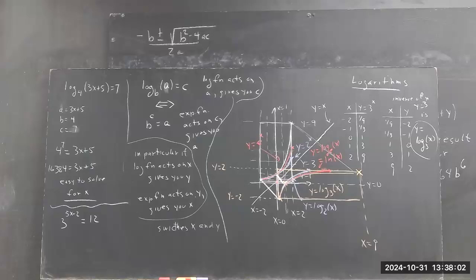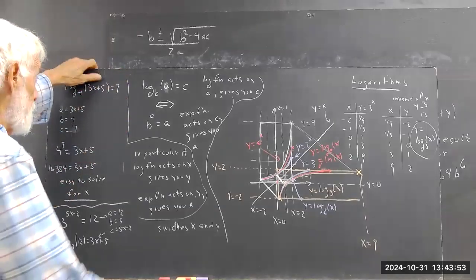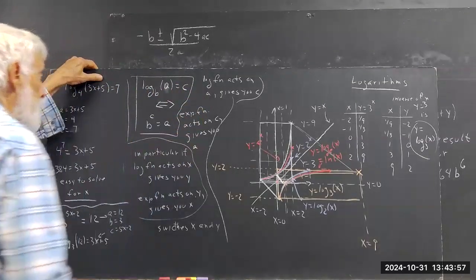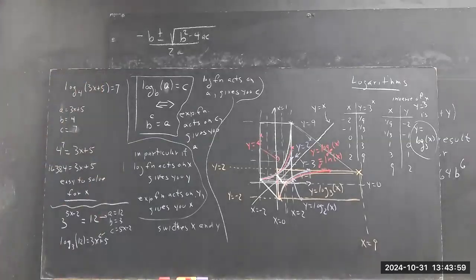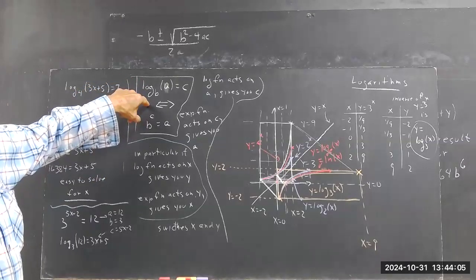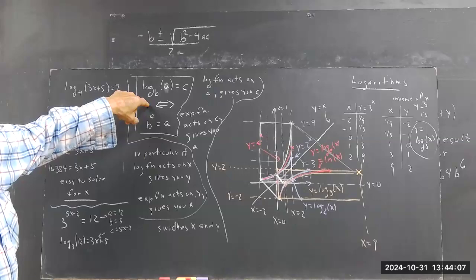You're going to identify A, B, and C, and then you're going to write it in log form. This is the crux of everything we're going to do with logarithmic and exponential equations. It's unimaginably important, and it's really easy.